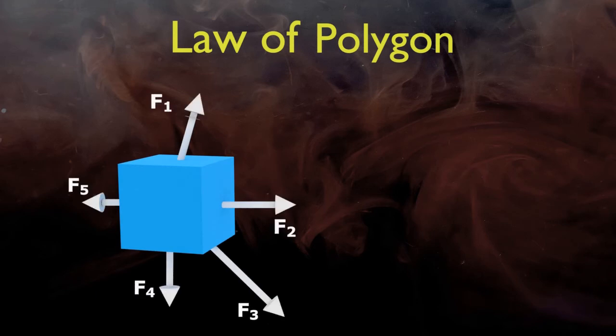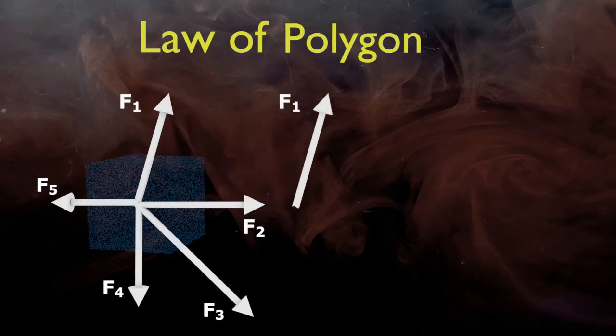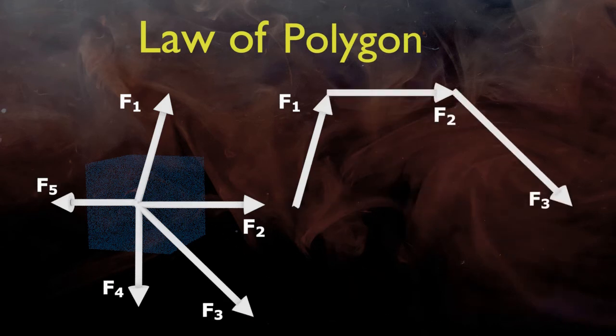Suppose five forces are acting on a body. To find out the resultant of all these forces, arrange the forces one by one such that the direction and magnitude of each force is not changed, and also the tail of a force is at the same point as the head of the previous force.